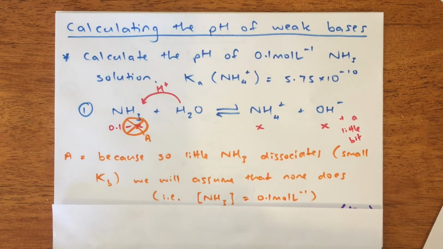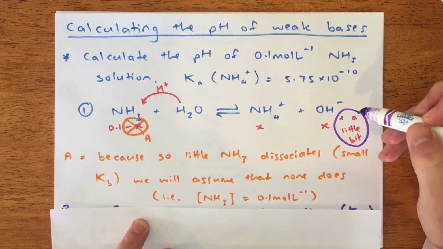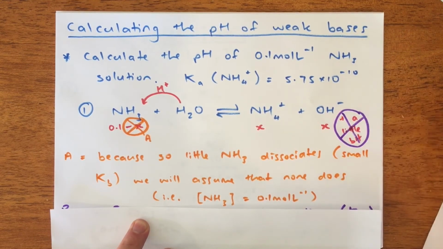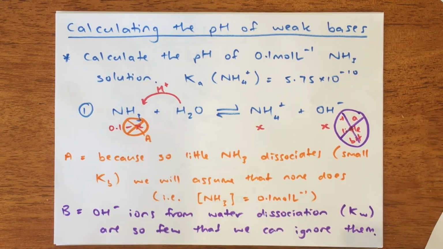We will assume that none does. So our concentration of NH3 is 0.1 mole per litre. Our second assumption is that because so little OH- is contributed by the dissociation of water, we're going to say none of that is as well. So the OH- ions from the water dissociation, which is Kw, are so few that we can ignore them.